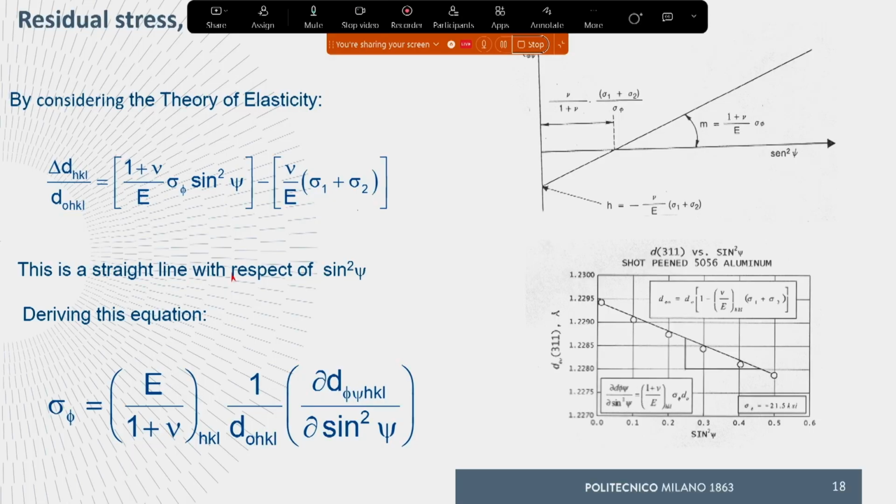And what can we obtain by using different XRD measurements? We obtain a linear relation between sin² psi and delta D, and this is the line that comes from this equation. Then, by considering the derivative, according to the elastic model and the Poisson coefficient, we can calculate also the residual stress.